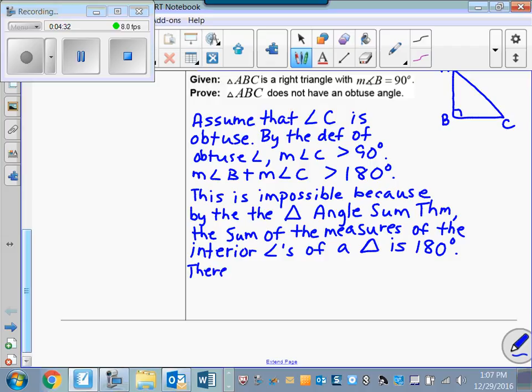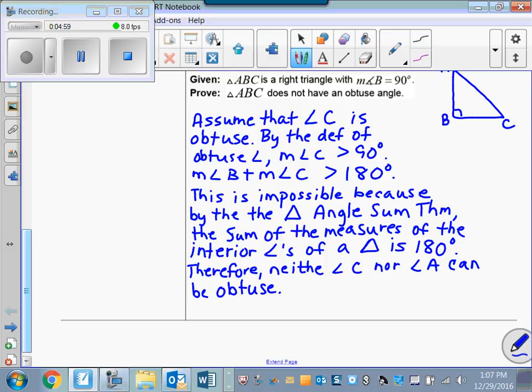Therefore, neither angle C nor angle A can be obtuse. And then I'll just write my proof statement, even though I've kind of just said it.